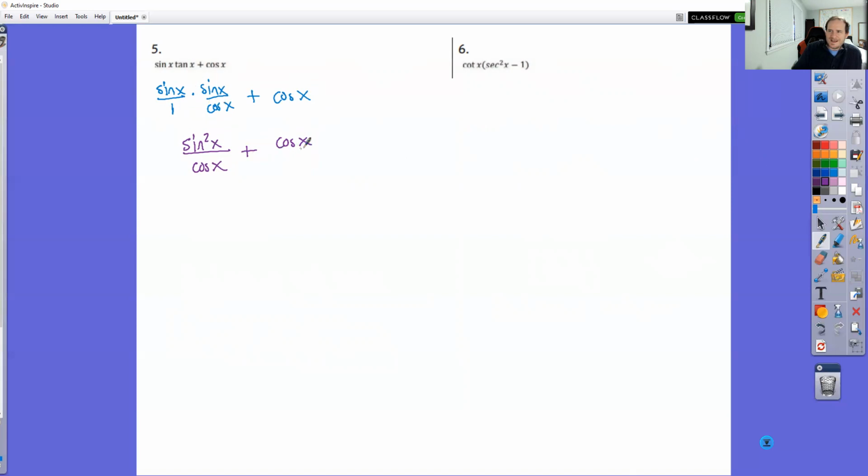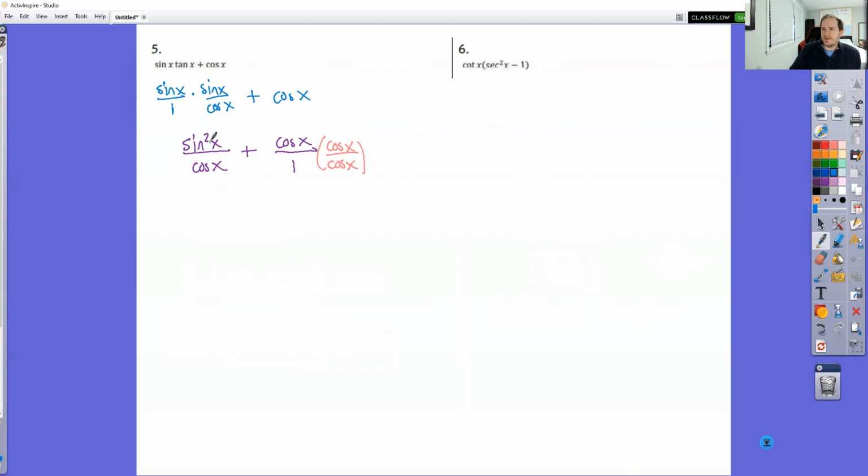Now, we're trying to add a fraction to not a fraction. So throw that over 1. And remember that if you want to add fractions, which we do, anytime we've got a binomial, or really anytime we have more than one term, we're looking for terms that we can combine because we're trying to simplify. So the fewer terms we have, the better. So my common denominator would be cosine, which means I would have to multiply this term by cosine x over cosine x.